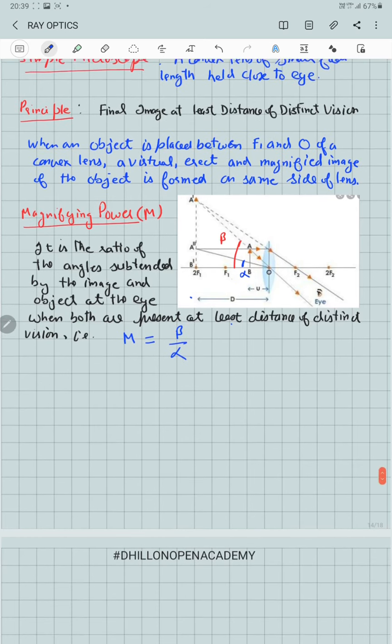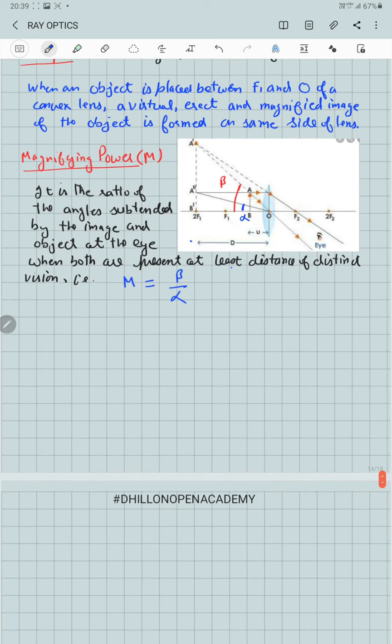Now because angles are very small, using assumptions we can replace them with their corresponding tangents. That is, beta will be replaced with tan beta, alpha will be replaced with tan alpha.